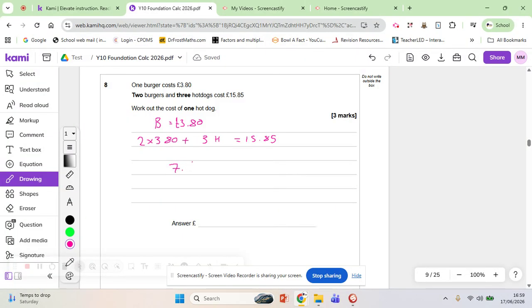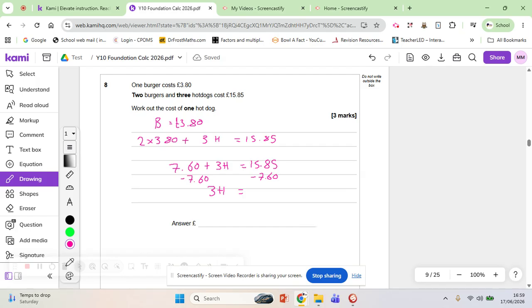So £7.60 plus my 3 hot dogs has to equal 15.85. So I can then say, well, my 3 hot dogs, if I take away £7.60 from both sides, I get 15.85 take away 7.6.